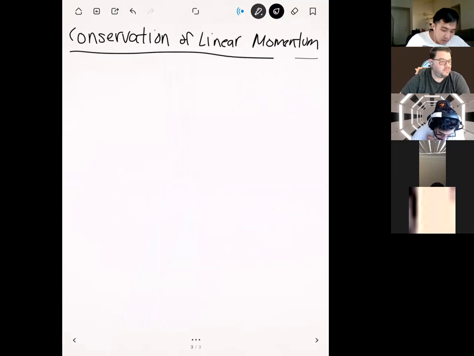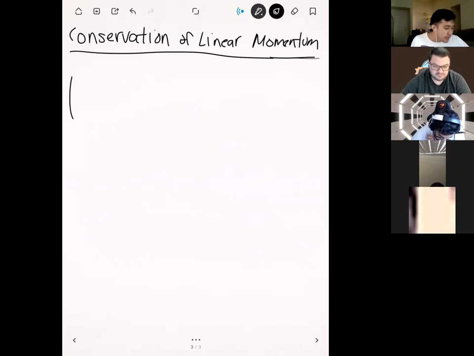We're going to follow the same process that we did for conservation of mass, where we start with Reynolds transport and then plug in our expression for momentum. But before we do that, I just want to talk about conservation of linear momentum in general, basically how you understand momentum from your physics classes.